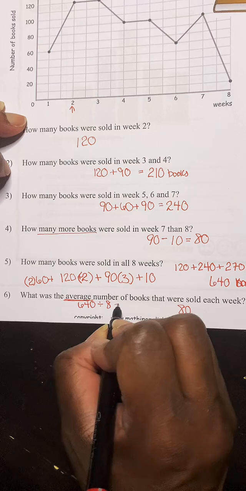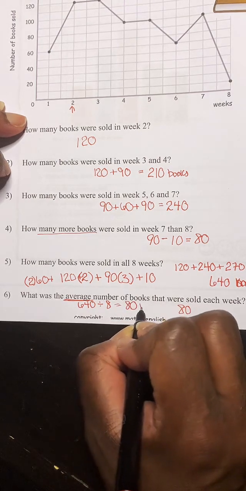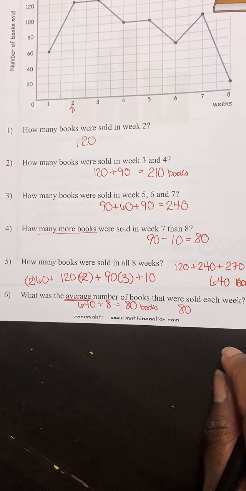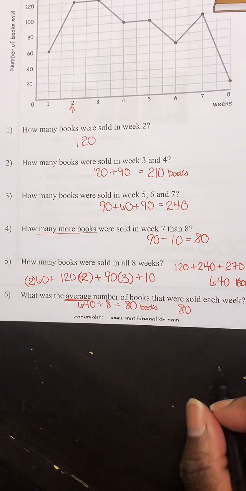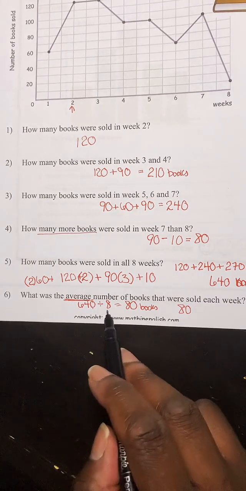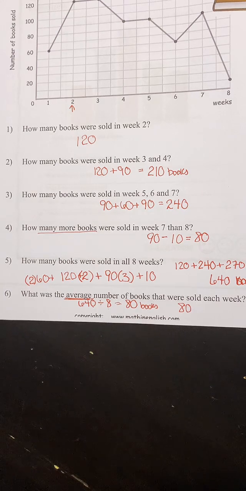So that will give us our 80. So the average number of books sold each week was 80 books a week, because a total of 640 books was sold, and we're talking about 8 weeks. 640 divided by 8 gives me my 80. Okay, good.